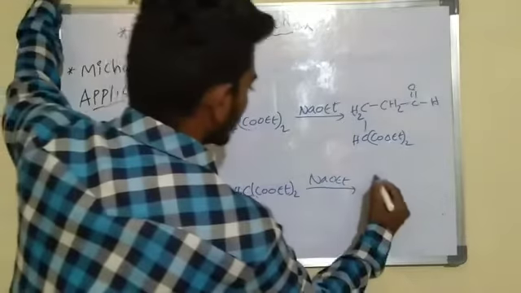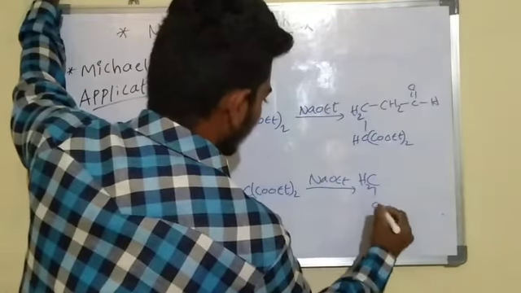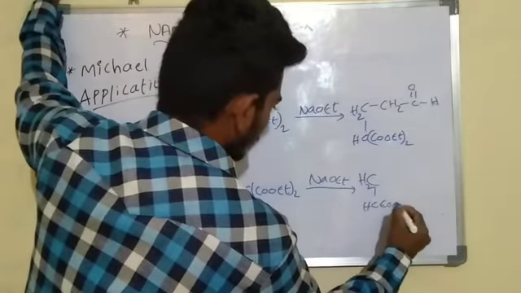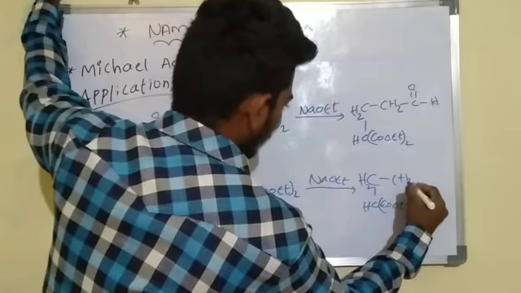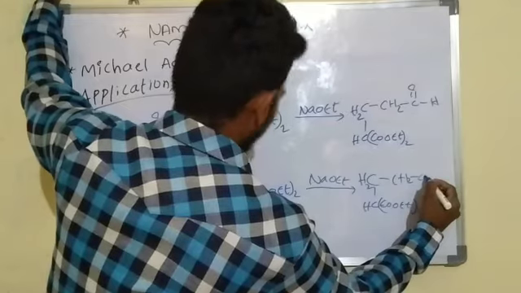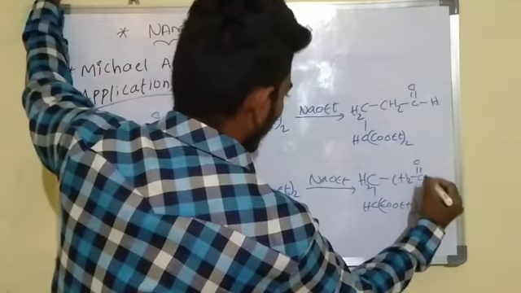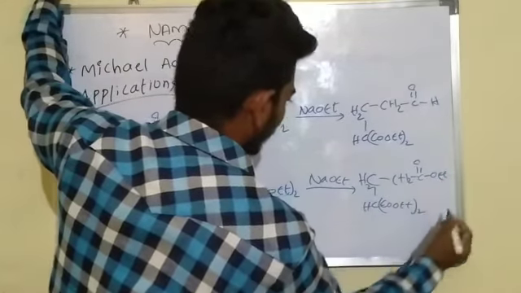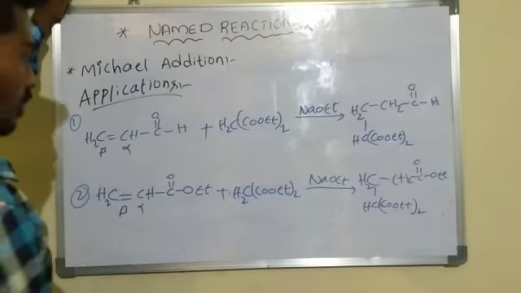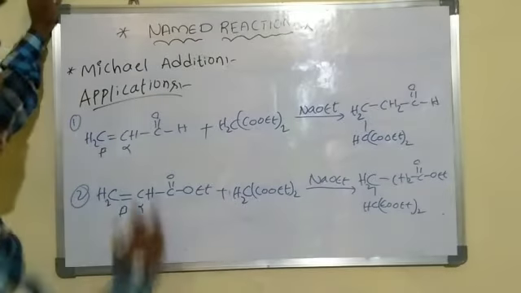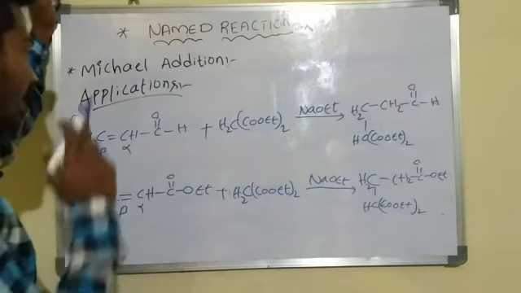It forms an addition product. This is the addition product. These are two applications of the Michael addition reaction.